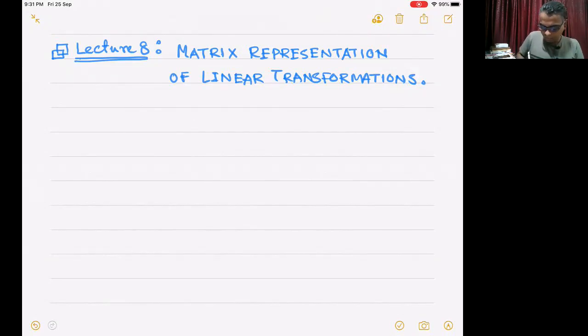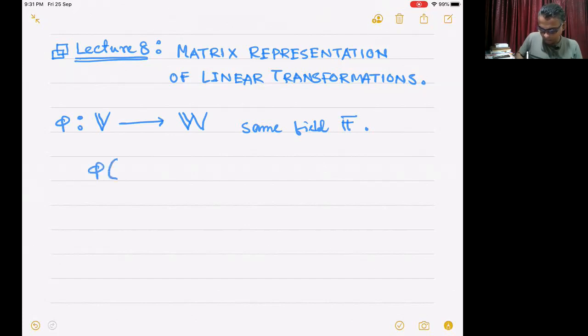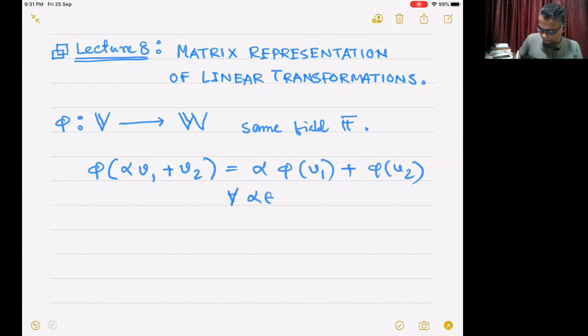If V is a vector space and W is another vector space, both over the same field F, and phi is a mapping from V to W, it would be called a linear map if phi of alpha V1 plus V2 is equal to alpha phi V1 plus phi V2 for all alpha in the field and all V1, V2 in the vector space V. V is called the domain of this linear map and W is called the codomain.